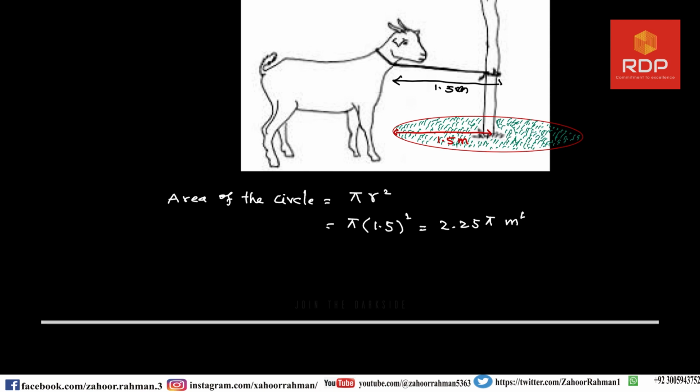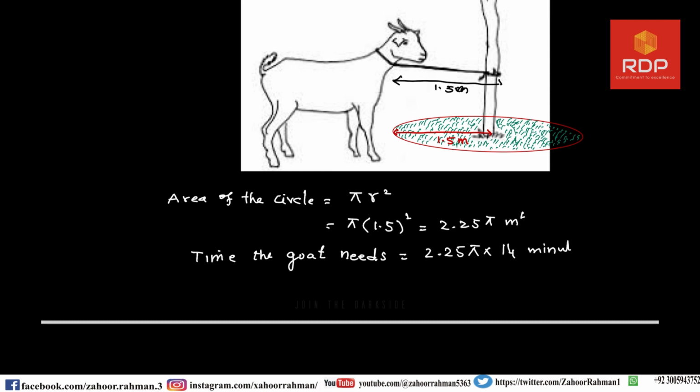Time the goat needs, which is our actual job. Time the goat needs is equal to 2.25 pi into 14, because for 1 square meter that is equal to 14 minutes.